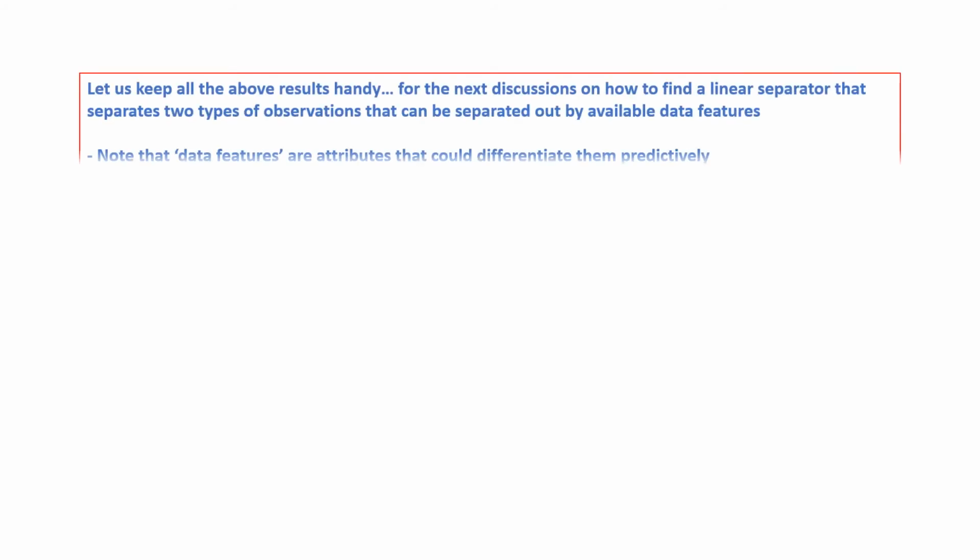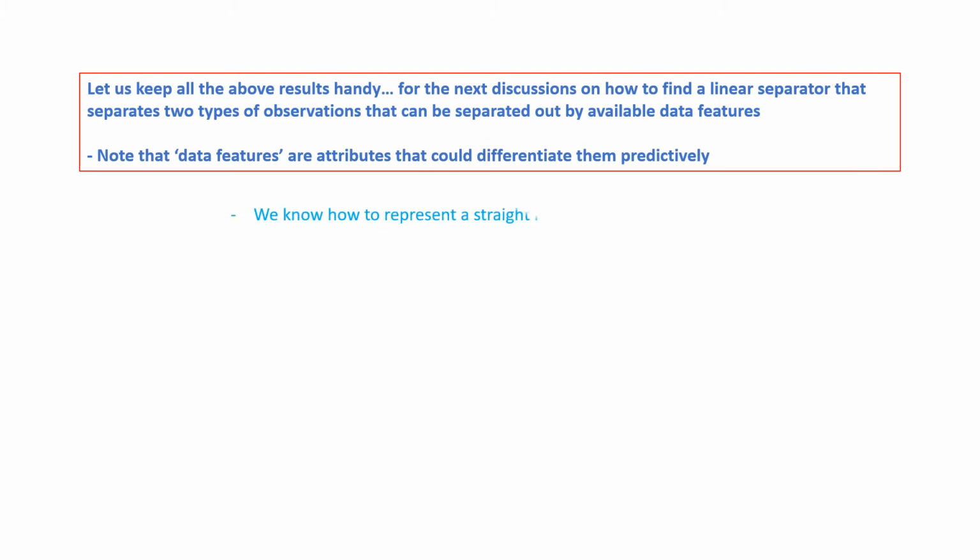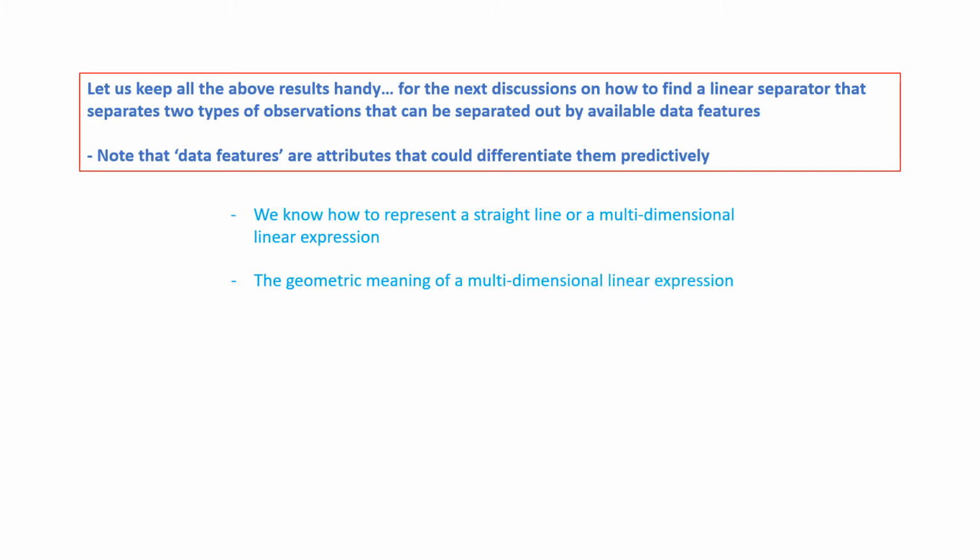Okay, let's keep all the above results handy for the next discussions on how to find a linear separator that separates two types of observations that can be separated out by available data features. When I say data features, they are basically the attributes, the x attributes. So in summary, you know how to represent a straight line or a multidimensional linear expression, especially in the form ax plus by plus c equal to 0.